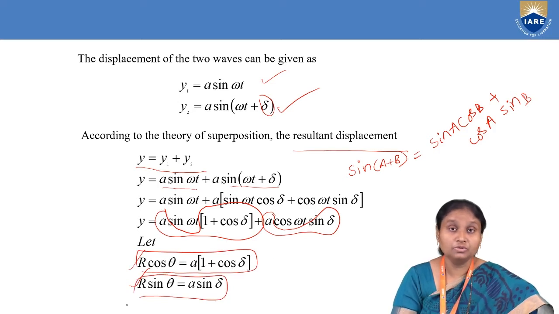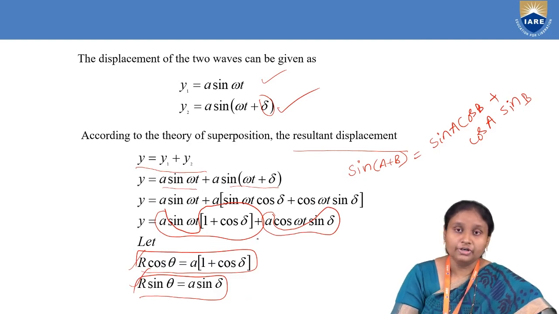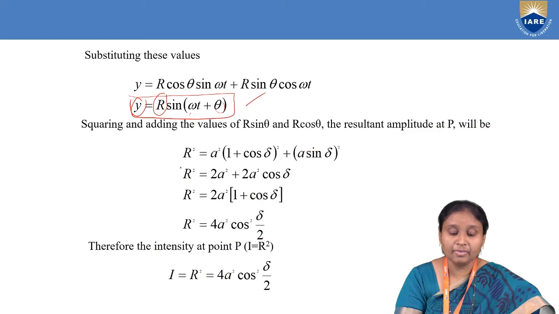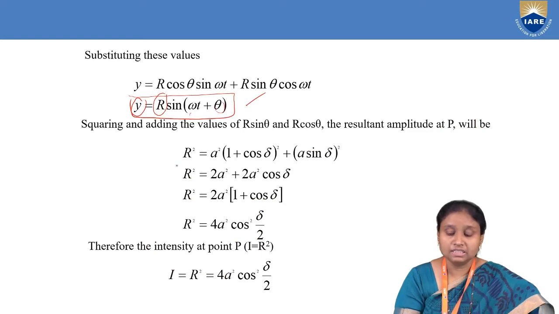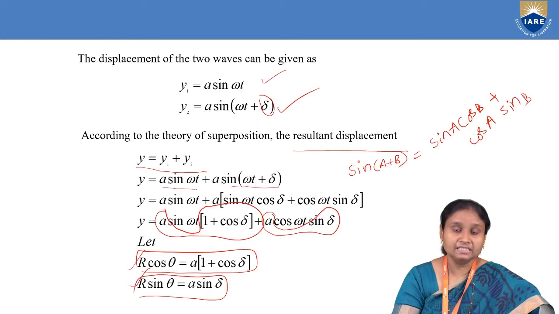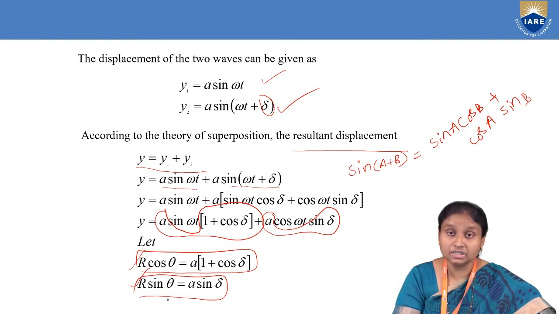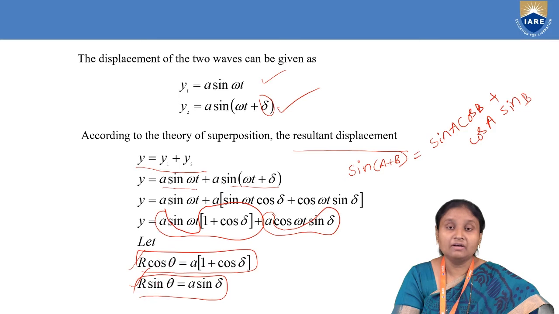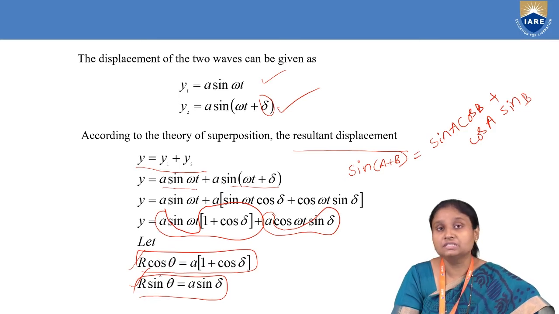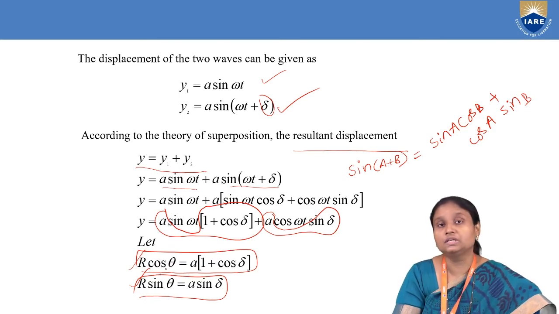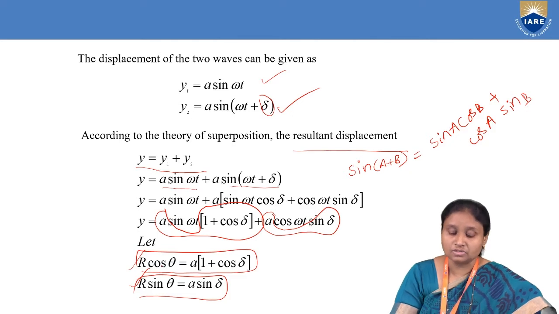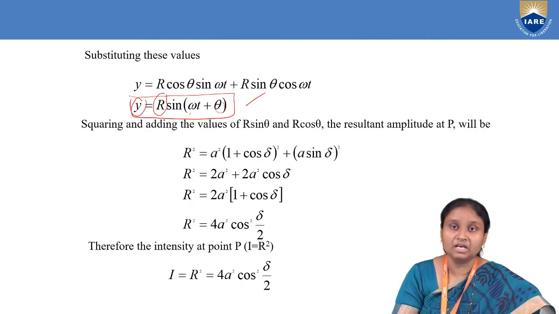Now what I am going to do is first square these two equations and then add. On the left hand side, this will become r square cos square theta, and this will become r square sin square theta, and if we add, we have r square into (cos square theta plus sin square theta), and we know that cos square theta plus sin square theta is 1. So on the left hand side, we end up having r square.